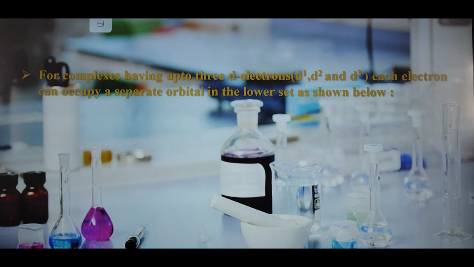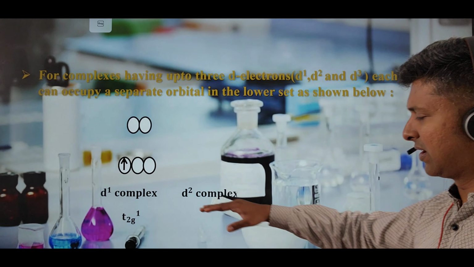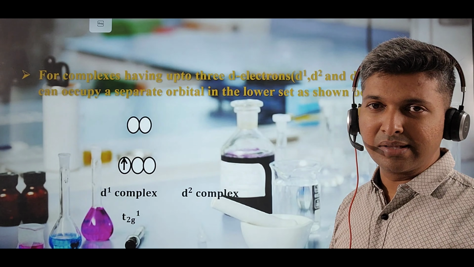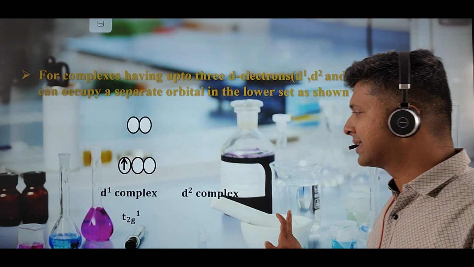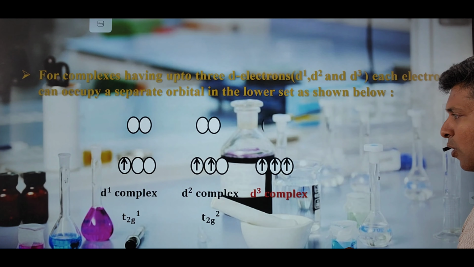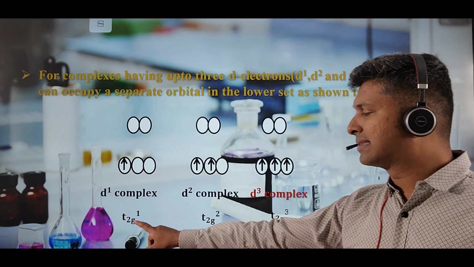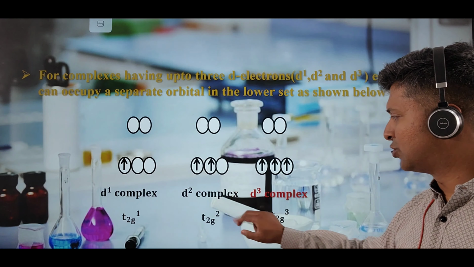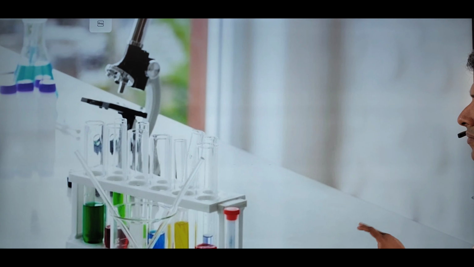So for d1, d2, d3, each electron can occupy a separate orbital in the lower set, as shown below. First we fill the lower energy orbitals: d1 complex, then d2 complex with 2 electrons, and d3 complex with 3 electrons. We call these t2g1, t2g2, t2g3.